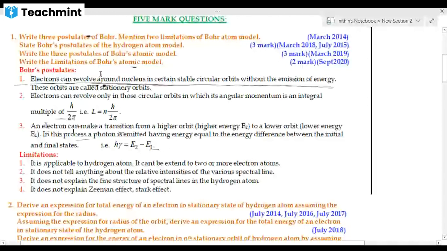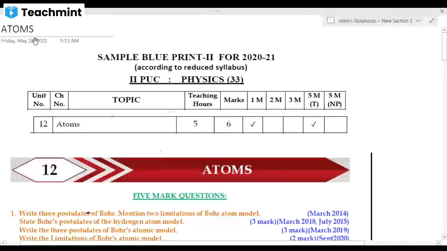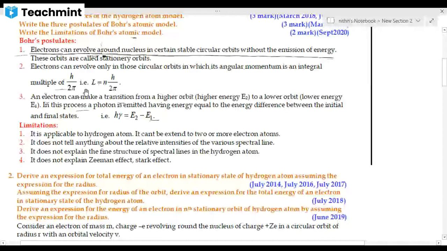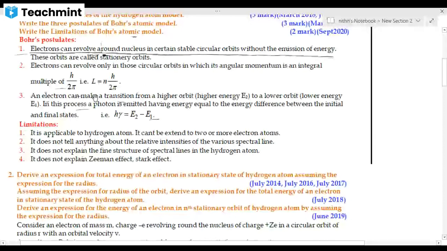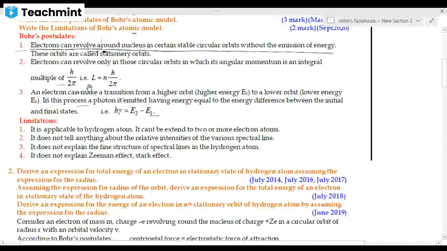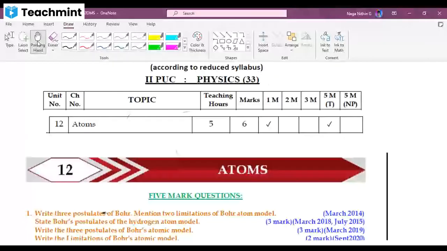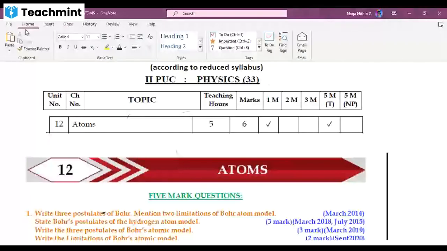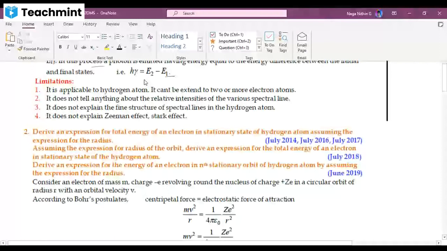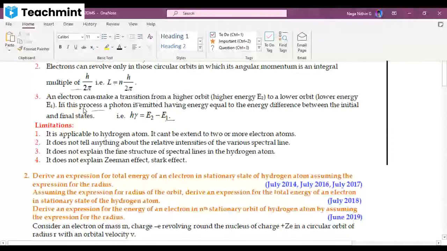Next, see the third one. An electron can make a transition from a higher energy orbit to a lower energy orbit.